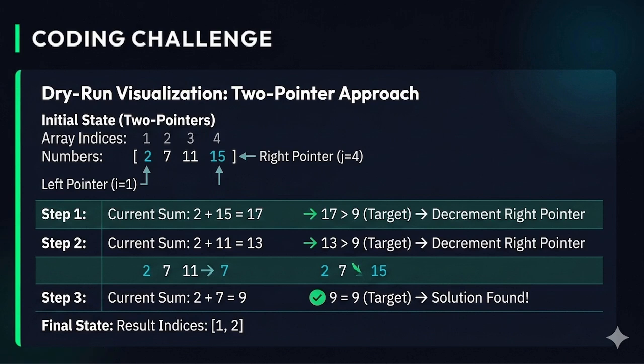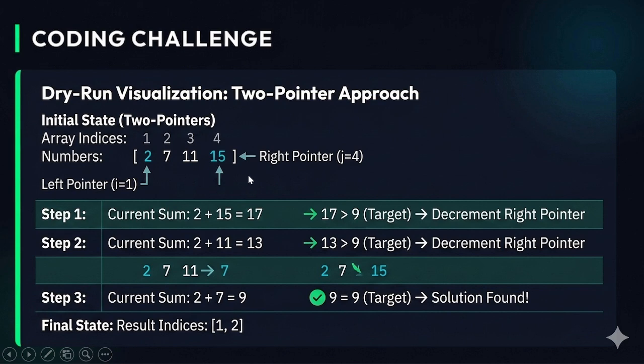So let's see the dry run, then you will be able to understand what exactly is happening here. As I told you, here is the given array. Now we are doing the two-pointer approach. As discussed earlier, we have pointers like the i pointer and the j pointer.